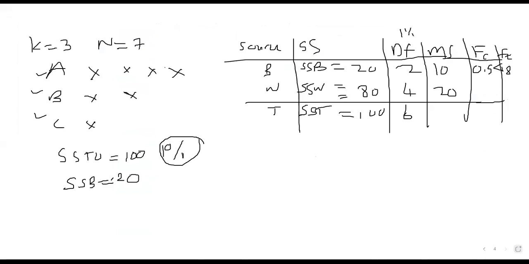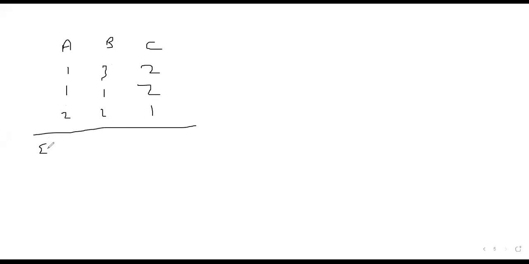Now, sometimes you'll be given figures to calculate: A, B, C. 1, 1, 2, 3, 1, 2, 2, 2, 1. So here we sum up. The total here is 4.